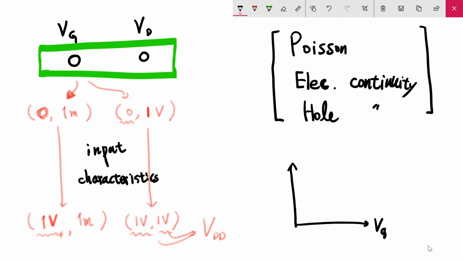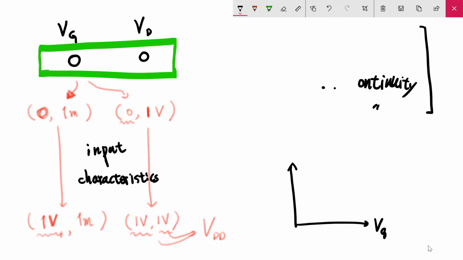However, if we go to the case where drain bias is changed, since drain bias or drain volt terminal is considered as an output terminal, we will call it output characteristics. So as a next test, please do this way.